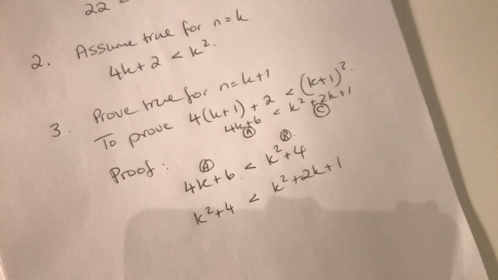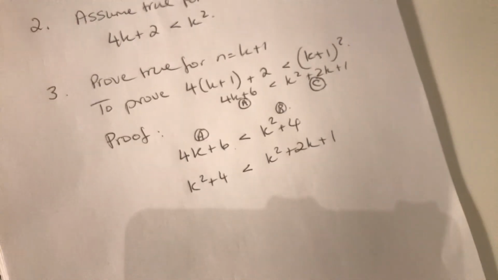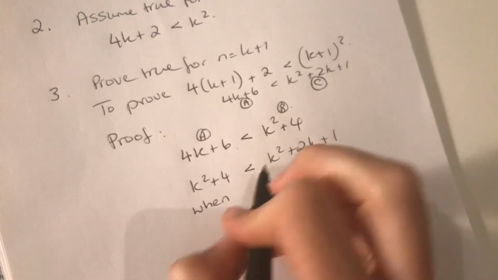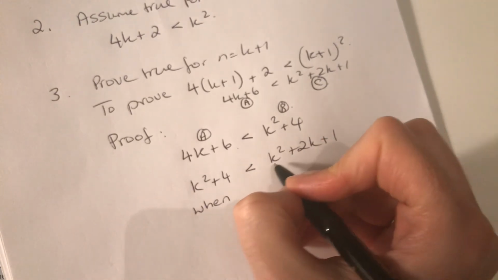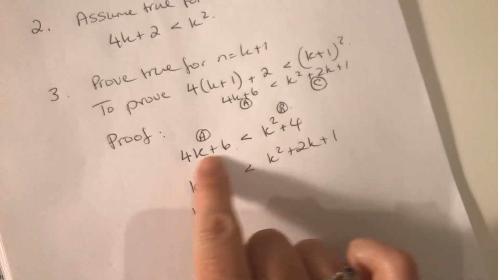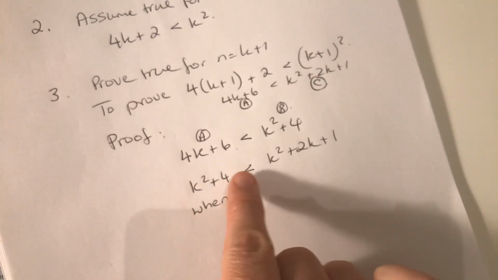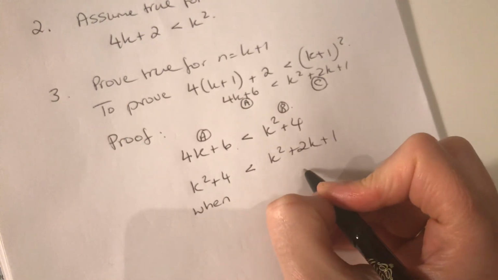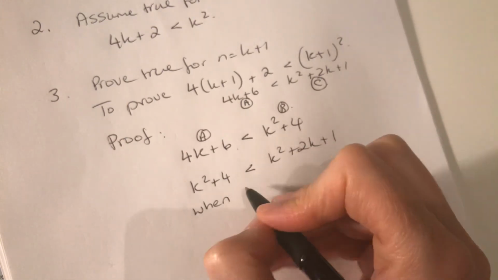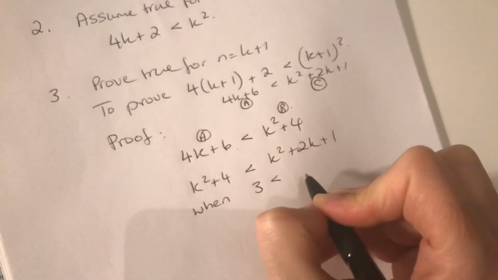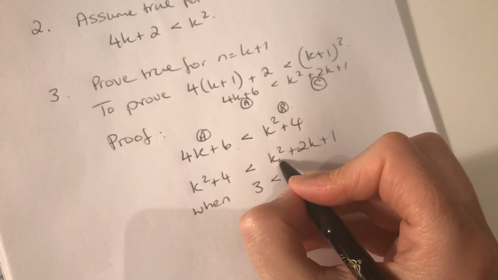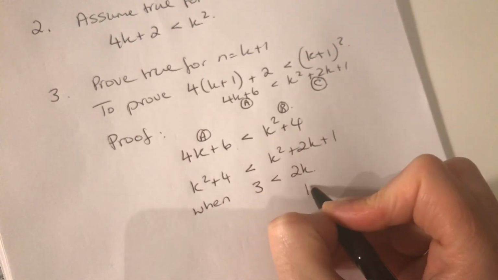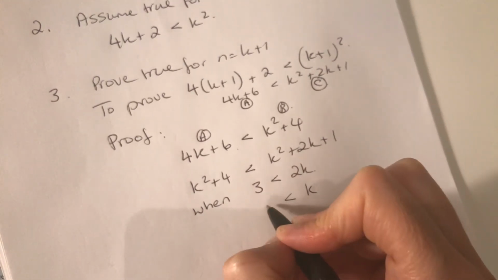Not sure. So I'm going to move it around, and I'm going to tell you that when I move it around, I end up with, so the k squareds will subtract and cancel off, and I'm going to bring the 1 over, so I'll end up with a 3 is less than, and on the right I will have a 2k, and I'll divide by 2.